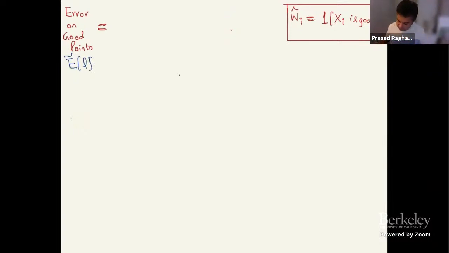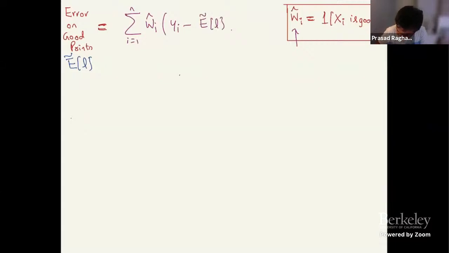So for that, it's actually convenient to define some notation. So let w_i hat be the, what is w_i hat here? It is the indicator that x_i is a good point. Okay, so we have an indicator function for x_i being a good point. So let's see what is the error on the good points. Well, you sum over all i equal to 1 through n, and you say w_i hat times (y_i minus the thing that you output, E tilde of L).